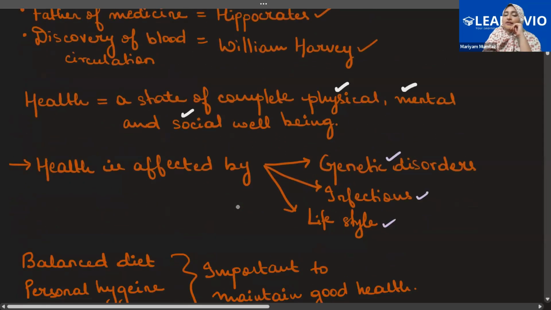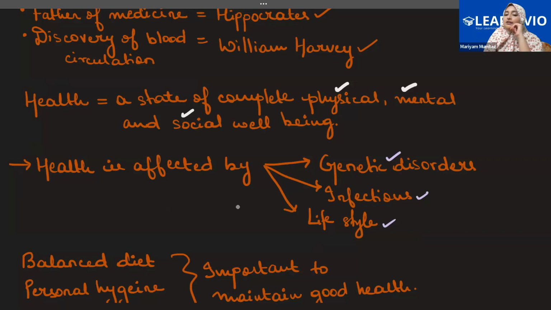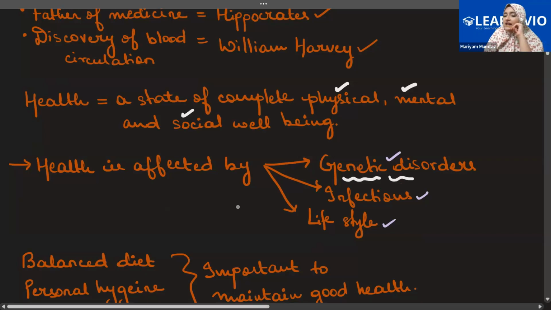Health can be affected by a variety of things, of which three are the most important. The first is genetic disorders, the disorders a human is born with.